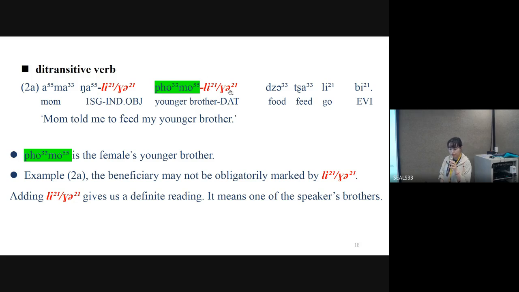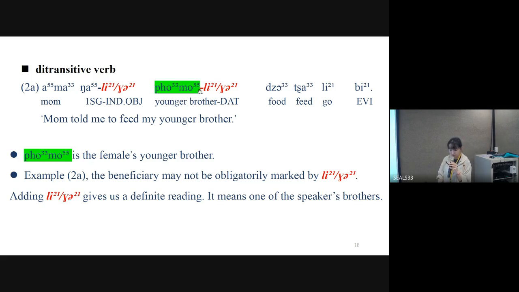But if you use this mark, it means the speaker has many brothers, but it's a definite me. It's not one of the brothers of the speaker, it is me. So if in this situation a beneficiary word or dative is used, it's capable as definitely ready.